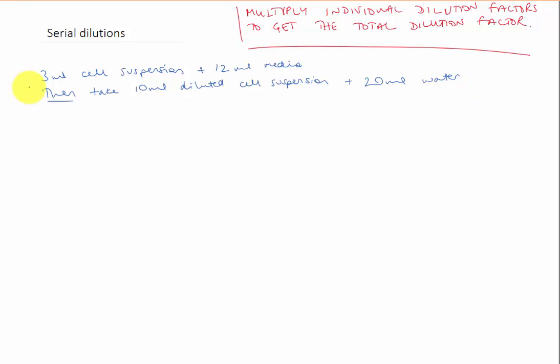So for the first one, number 1, that would be 3 mils of cells over 3 plus 12 mils, which is the same as 3 out of 15, and then we can factor that out, so that's 1 times 3 over 5 times 3, and we can cancel out the 3's.